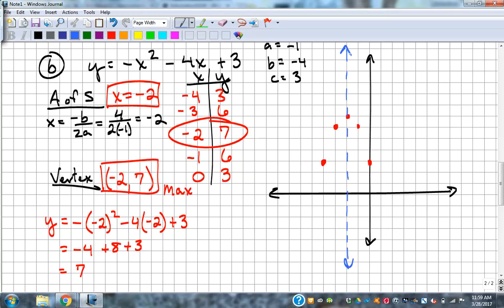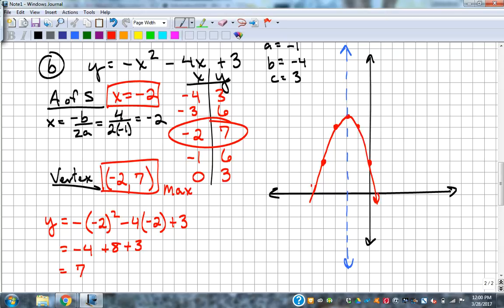The axis of symmetry should always go through the vertex. If it doesn't, then you've either plotted the vertex wrong, or plotted your axis of symmetry wrong, or calculated something incorrectly.